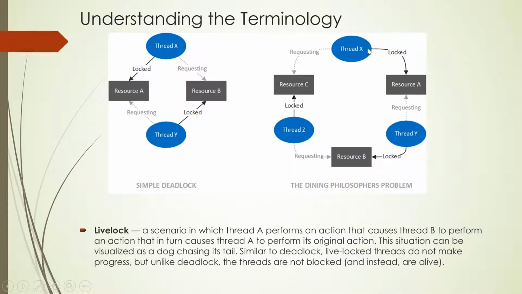X is requesting a resource which is blocked by Y, and Y is requesting a resource which is blocked by Z. Again, Z is requesting a resource which is blocked by X. So they are interdependent. It is called the dining philosophers problem, and some other people call it a circular deadlock, and there are some other terminologies.